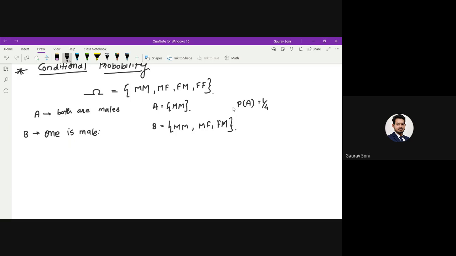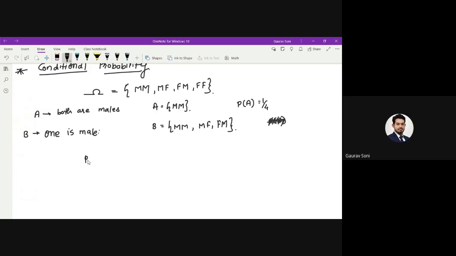So now what happens is I'll say that my event B has occurred. One of them is male, right? If one of them is male, that I already know, then what will be the probability of B? 3 by 4. It's not discussed.